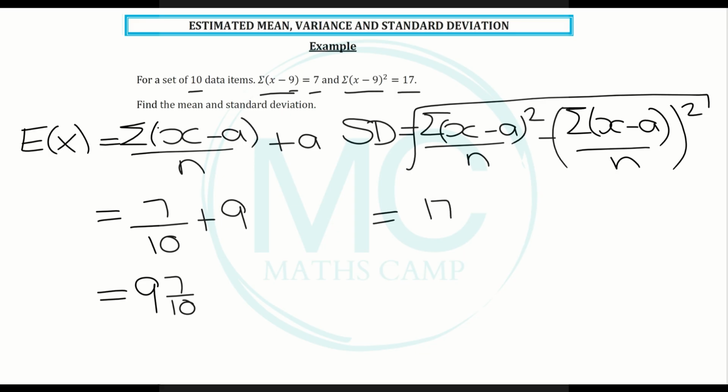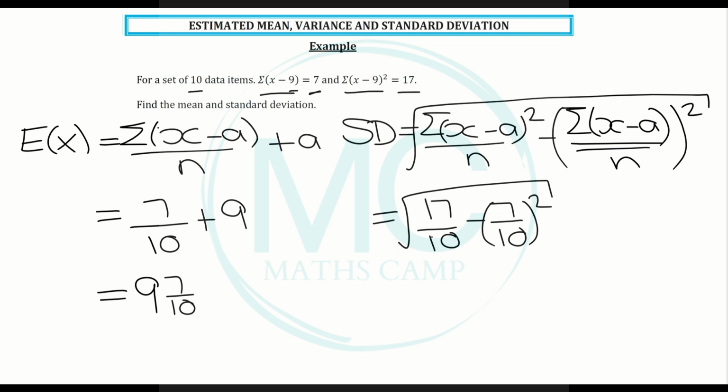So I can say 17 over n, which is 10, minus sigma x minus 9, which I know is 7 over 10, a bracket squared, all under a square root. Now I can put this into my calculator.